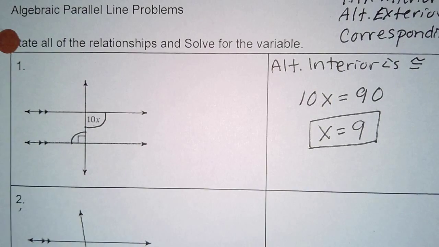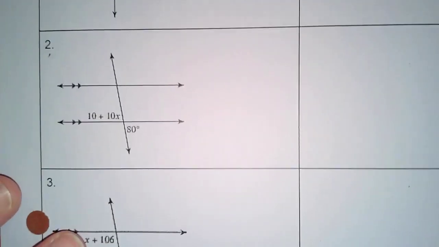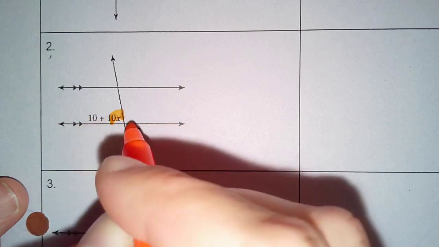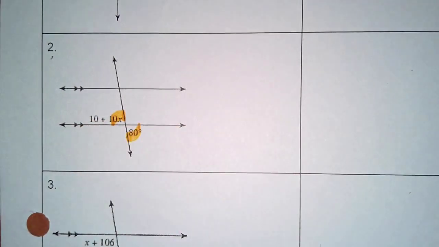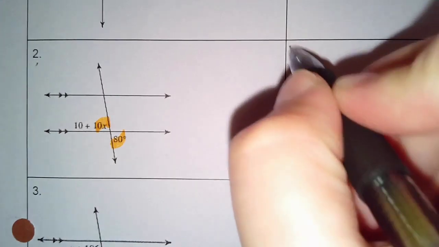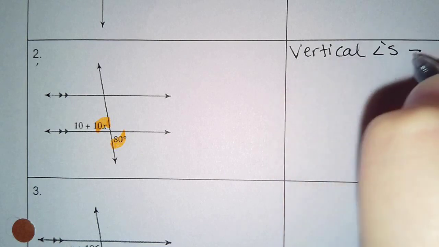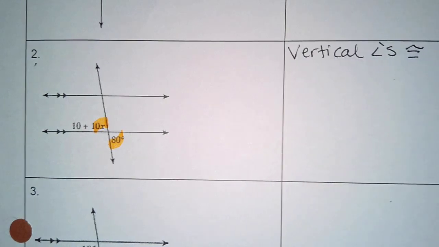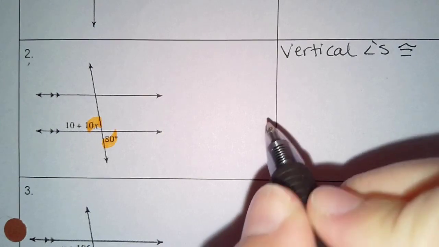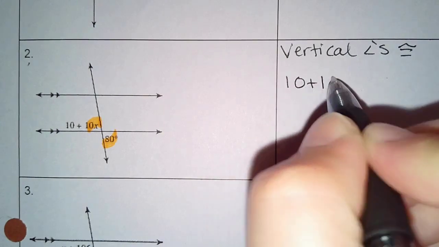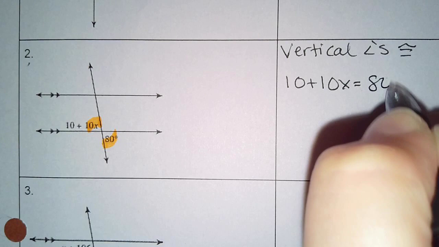Number 2. We have these 2 angles here. You're just finding x. We don't have to go back and plug in until later. Evan? Vertical angles. Vertical angles are congruent. So we're going to set those 2 things equal to each other and solve for x. 10 plus 10x equals 80.